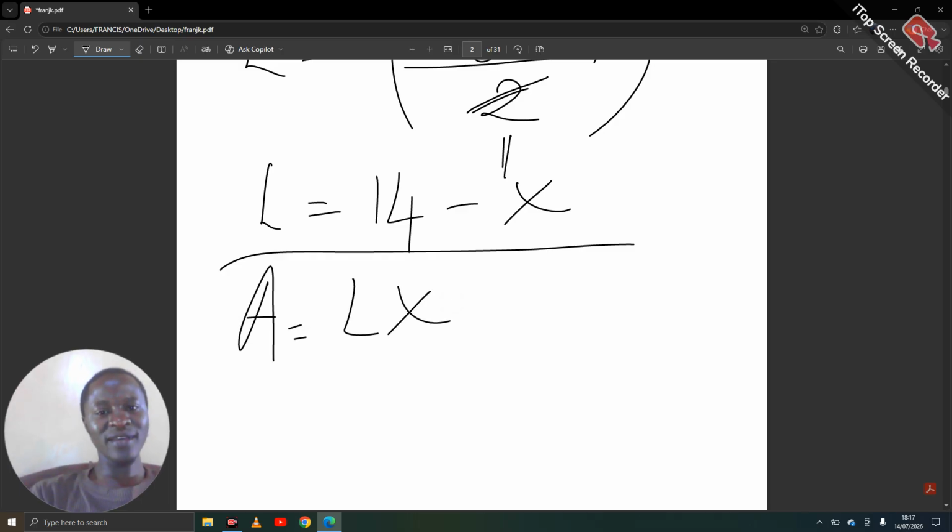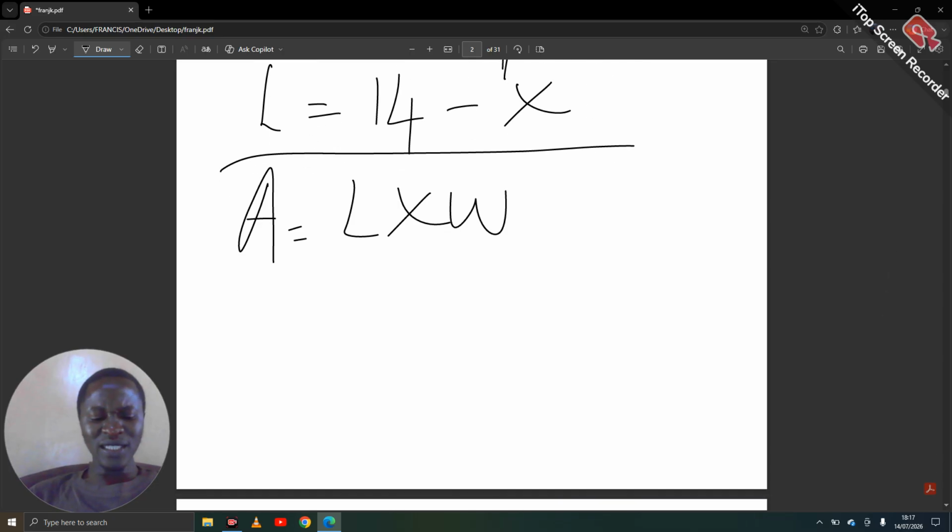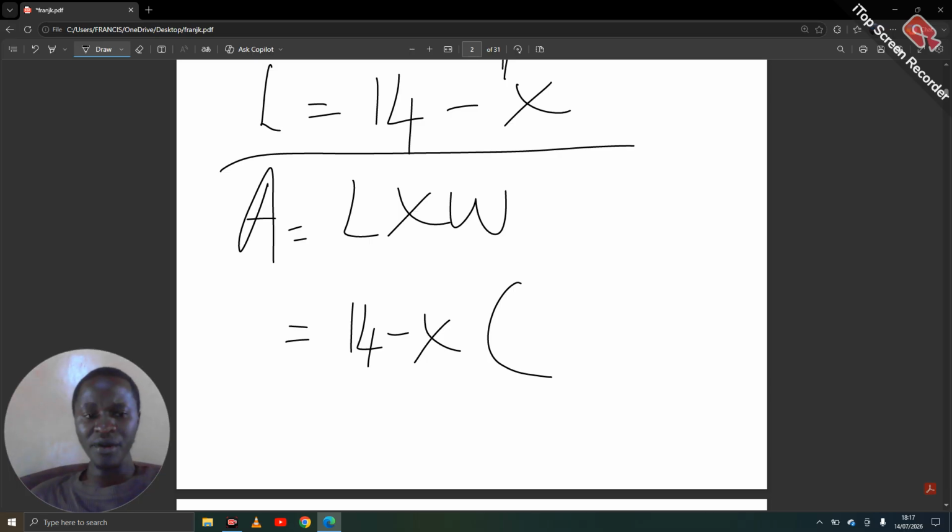It is length times width. My length is 14 minus x in brackets. Remember, brackets also refer to multiplication, dot refers to multiplication, and "of" refers to multiplication.